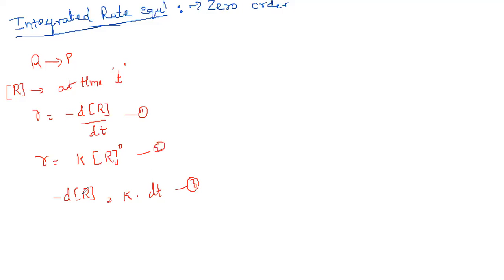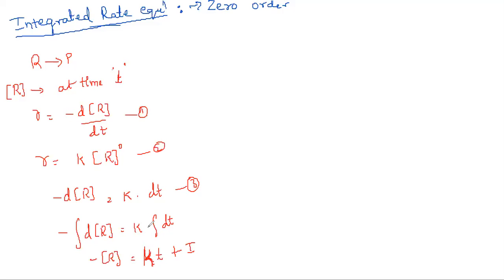Integrating equation 3 on both sides, minus integral of d[R] is equal to k into integral of dt. On integrating this we get minus [R] is equal to kt plus I, where I is the integration constant.